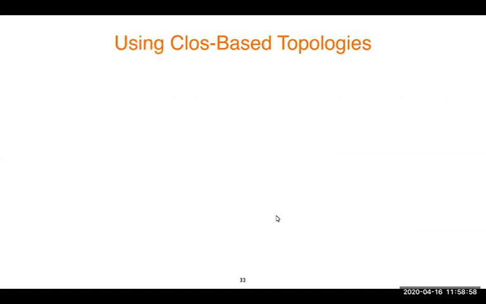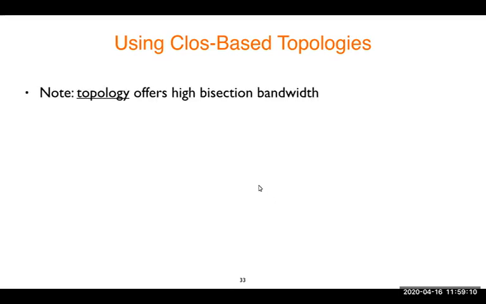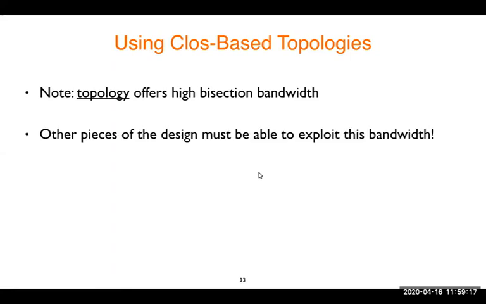Okay. So let's move on from that. We're going to take now in our heads that Clos-based topologies are how we're building the physical wiring of our data center. So now we have a topology. What are we going to do with it? It's very important to realize that the Clos-based topology means we have a physical topology that offers us high bisection bandwidth. We now have to design all the other layers of our network and actually our stack and our software to be able to exploit this bandwidth. For example, routing must exploit all the paths available between a source and a destination.